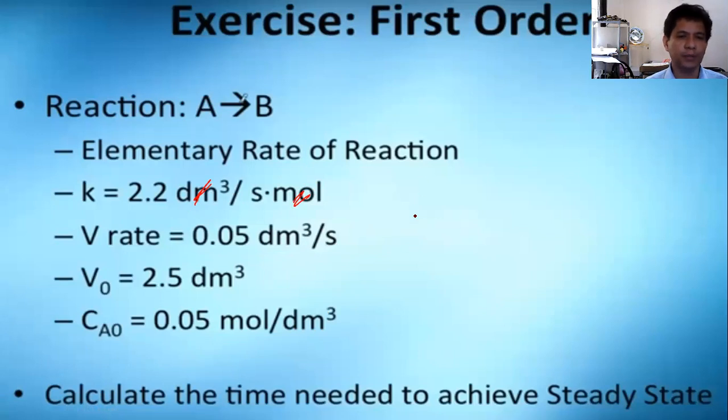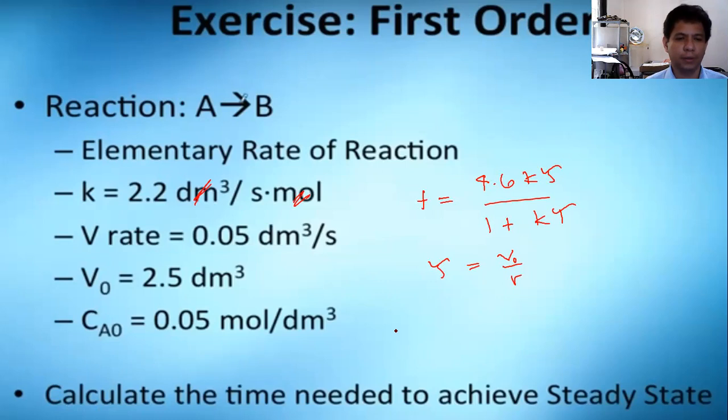So simply use the equation for CSTR startup time: t is equal to 4.6 tau divided by (1 plus K tau). If you still remember, tau is simply the volume of the reactor divided by the volumetric flow rate.